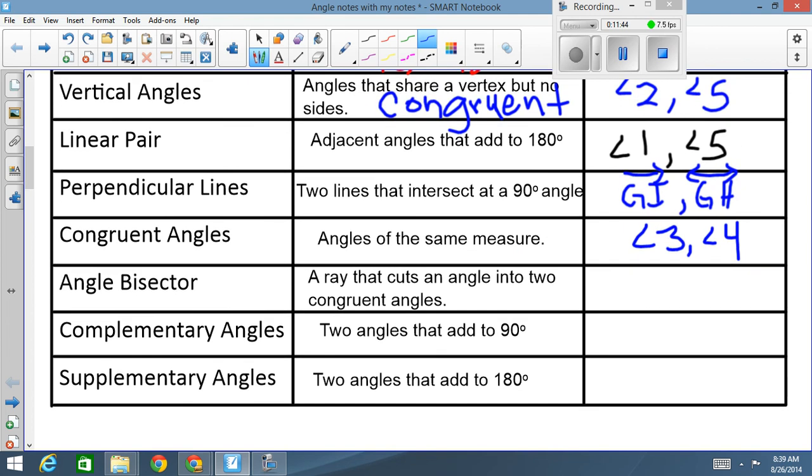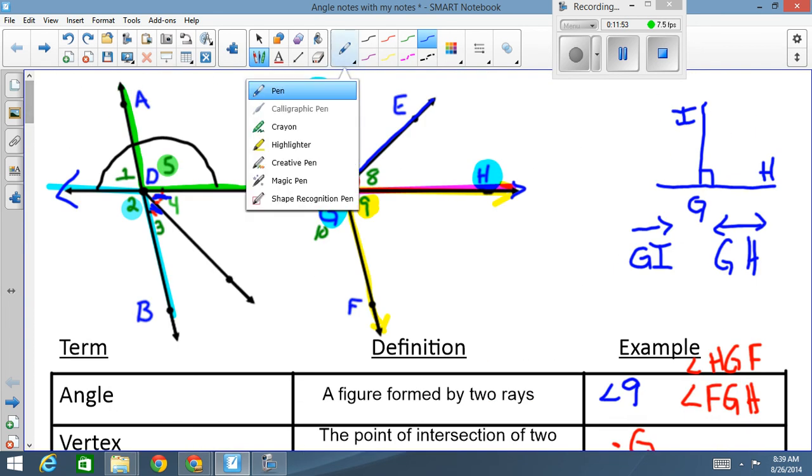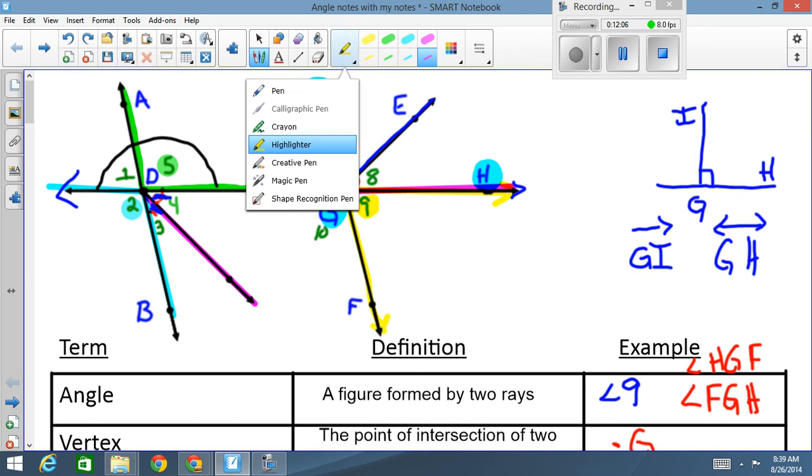Okay? An angle bisector is a ray that cuts the angle into two congruent angles. So if we go back up to where 3 and 4 are, this ray right here is considered an angle bisector because it takes that bigger angle and cuts it into two equal angles, angles 3 and 4.